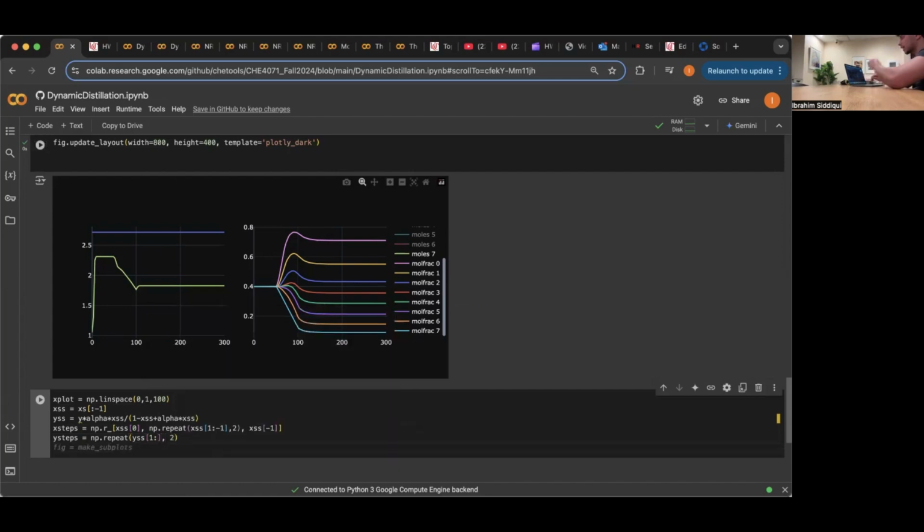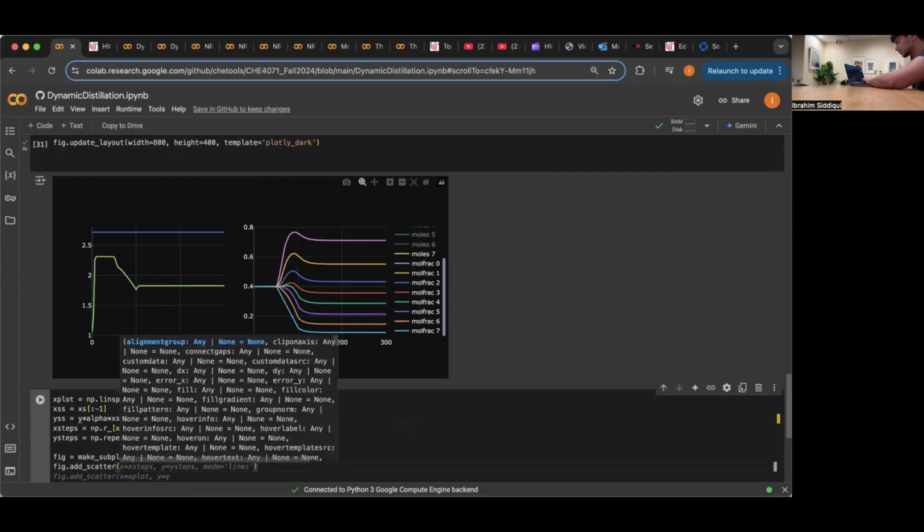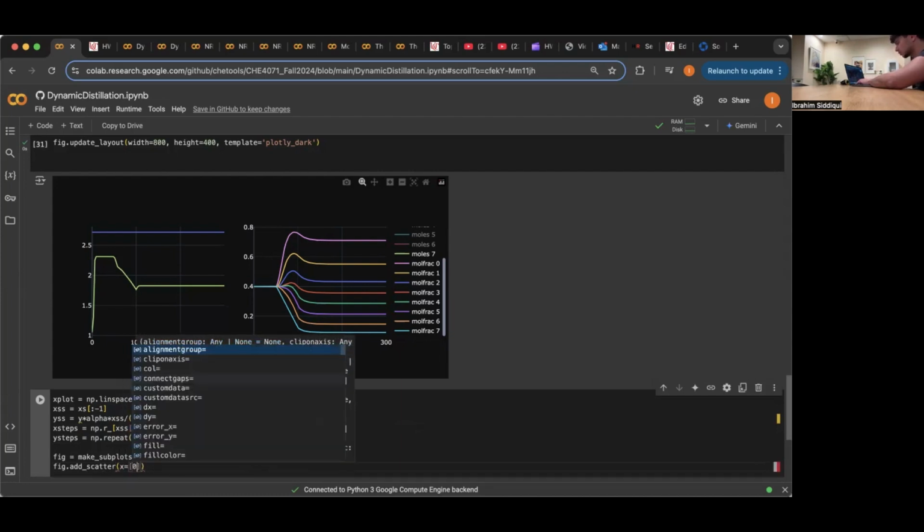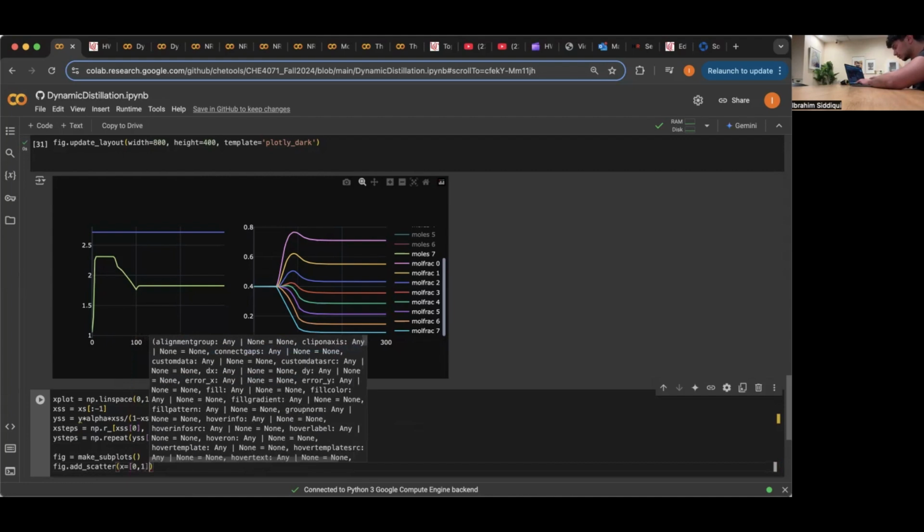Okay, now that we have our X steps and Y steps created, as well as our X's and Y's, we can go ahead and create our subplots. So we're going to say that fig equals make_subplots. And from this, we want to go ahead and add all of our scatters. So we'll do fig.add_scatter, and this is going to be equal to X equals 0 to 1.